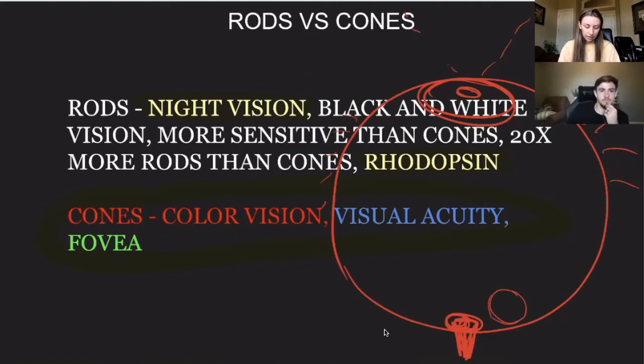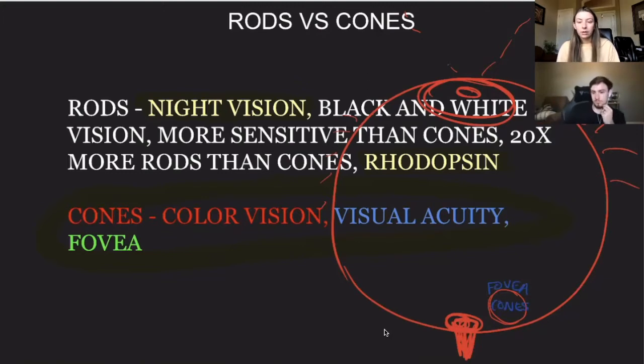It has to do with cones. The fovea is where there is a huge density of cones. Pretty much only cones are found in the fovea. No rods are found in the fovea. So I'm going to write fovea and then cones only.